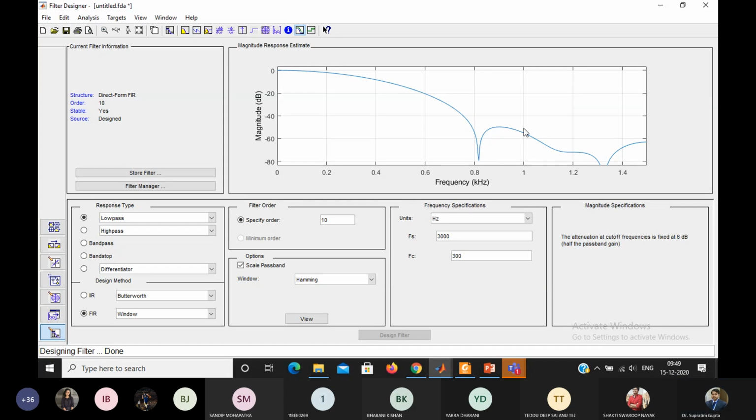Say 300 means 0.1. Up to this, 0.1 here, we can expect that this can be achieved. I think we can zoom this part.